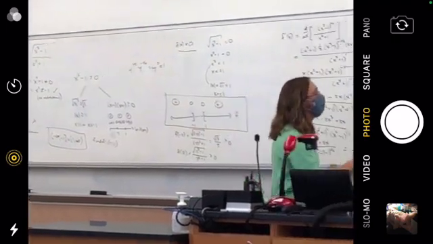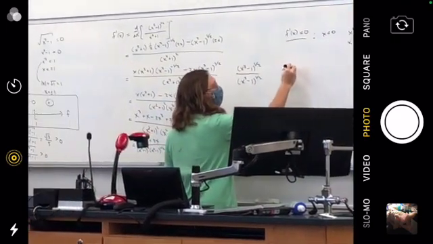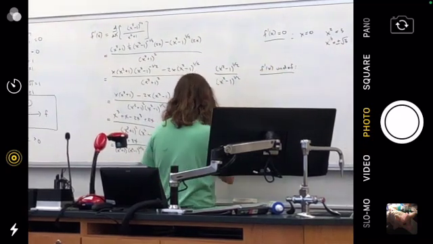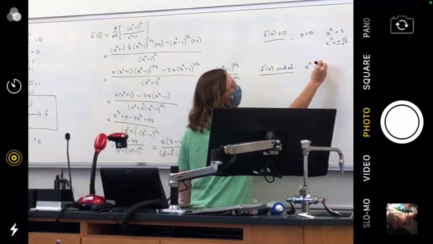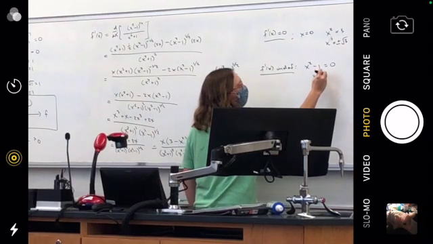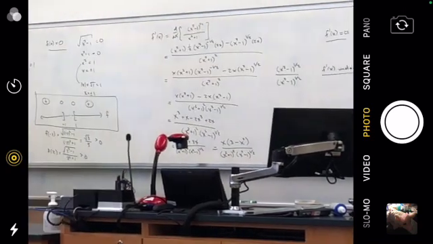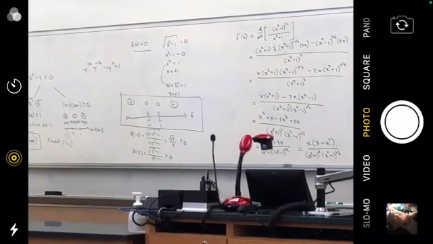What about the endpoints? Main problem would be when x squared minus 1 is equal to 0, so x equals plus or minus 1. I also can't take the square root of the negative, but what do you notice about that? That's the same issue I had before.